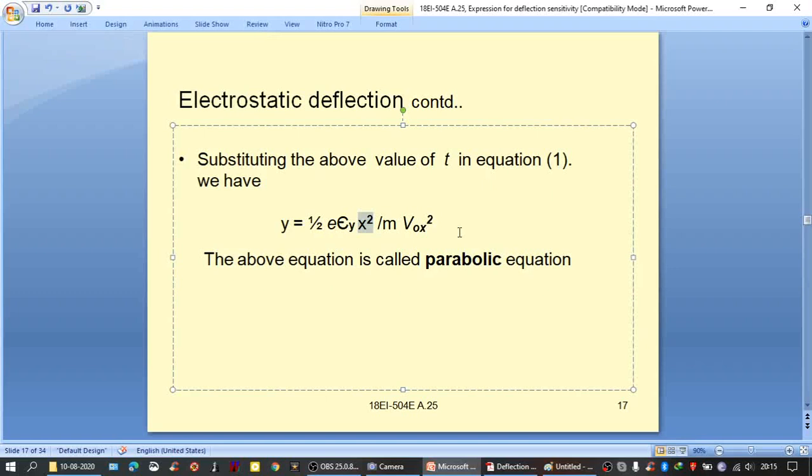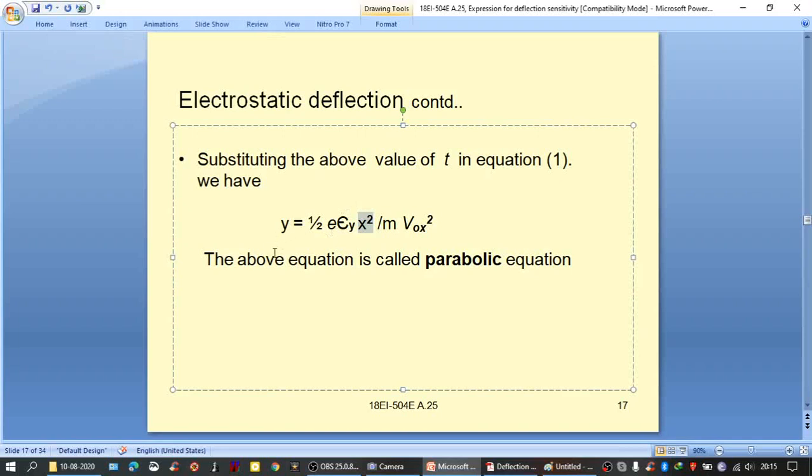We know that d by dx of x square is 2x. So if I write 2x in place of d by dx of x square here, then in place of x square it is 2x, and the 2 in the denominator and the 2 in the numerator get cancelled out.